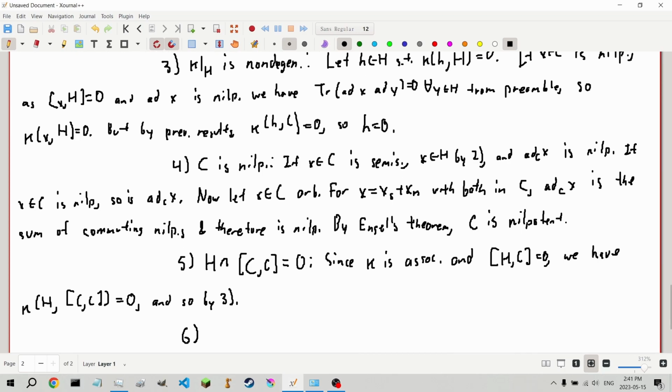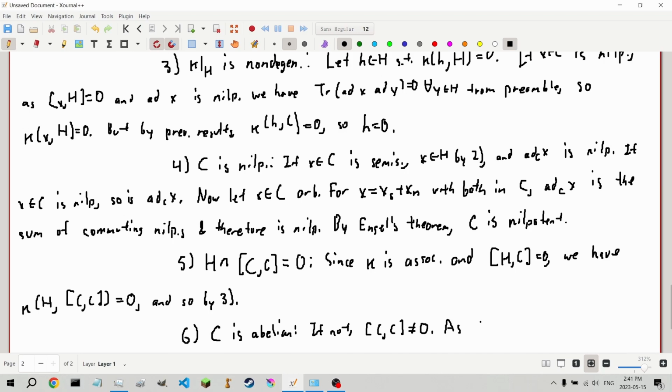Part 6 states that C is abelian. If not, then the derived algebra of C with itself would be non-zero.